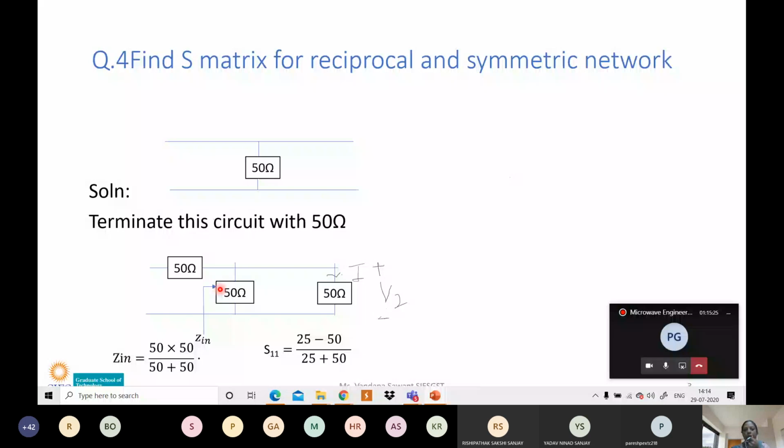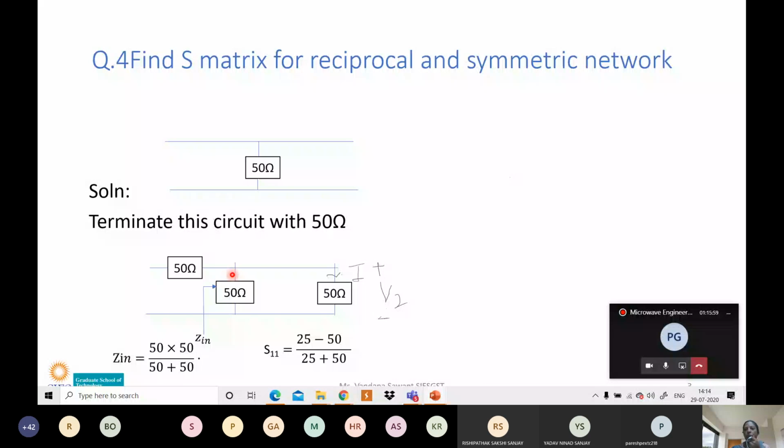So we find Zin as the parallel combination of 50 and 50 ohm, that is 50 multiplied by 50 divided by 50 plus 50. The parallel combination is calculated as Z1 into Z2 divided by Z1 plus Z2, if Z1 and Z2 are in parallel. So that is equal to 25. Zin is equal to 25.